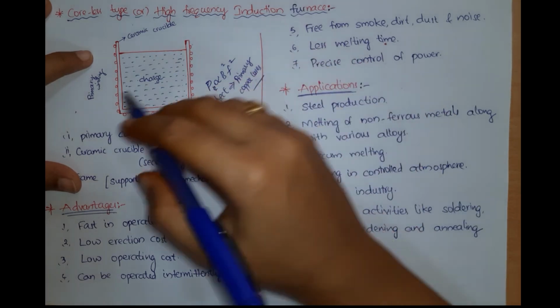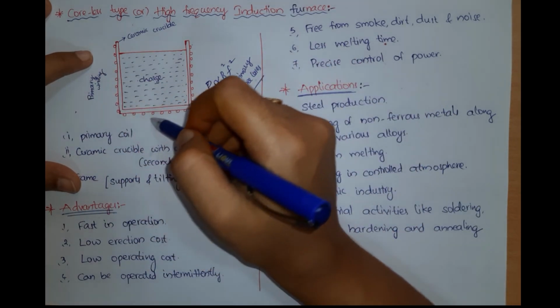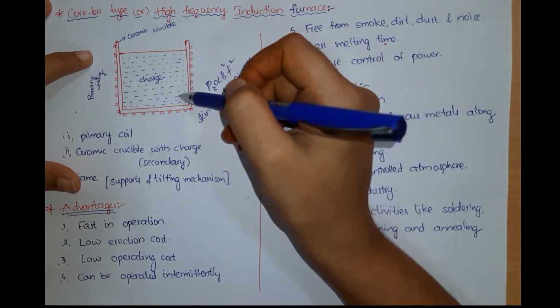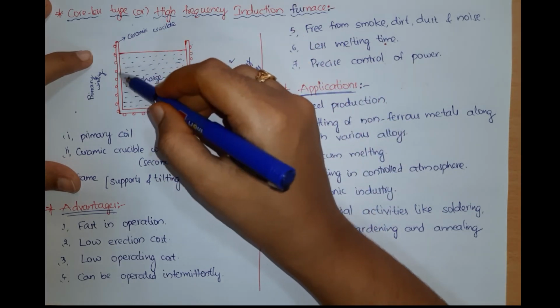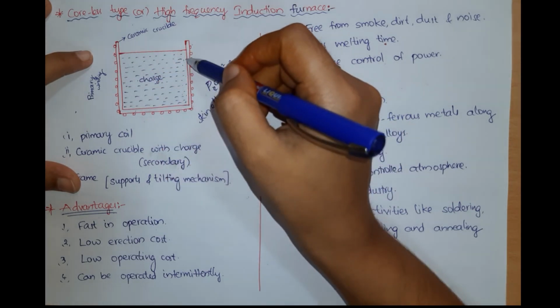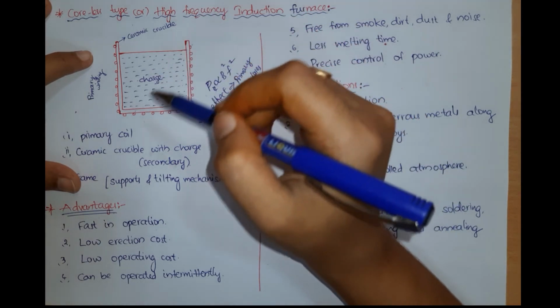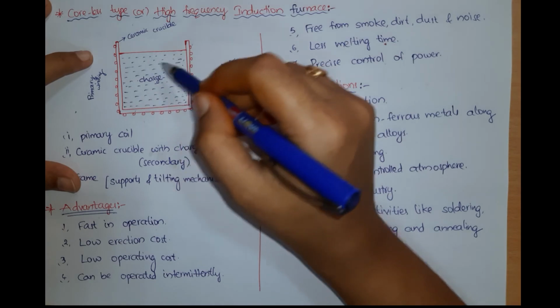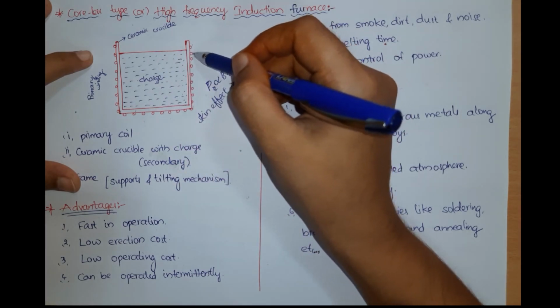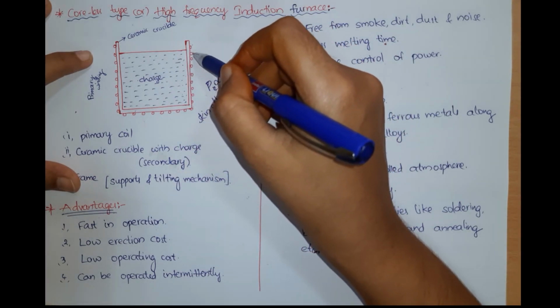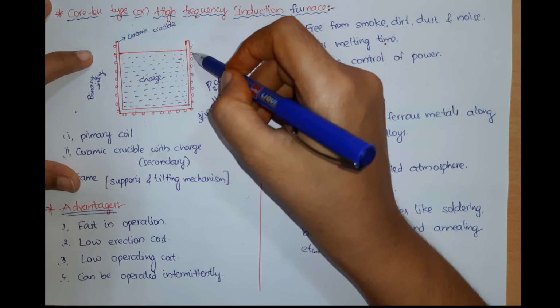This is why the primary winding is not made of copper wire, but instead hollow copper tubes are used, which are cooled continuously by water circulating through them to maintain their temperature.